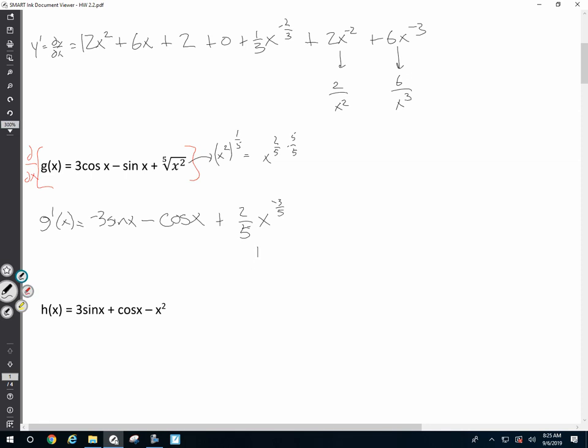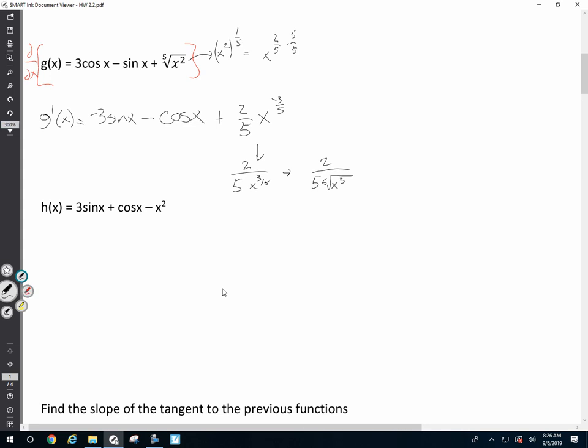This can be rewritten as 2 over 5 x to the positive 3/5, which could be written as 2 over, different ways to rewrite this, but you can have the 5th root of x cubed or x cubed 5th rooted. I think we're mostly used to saying x cubed 5th rooted. Okay.